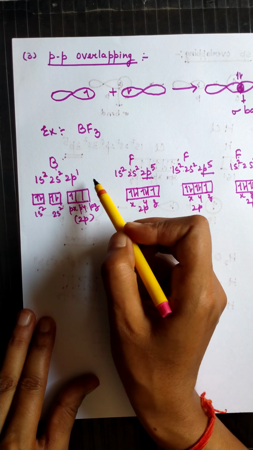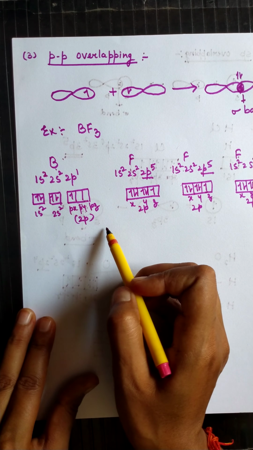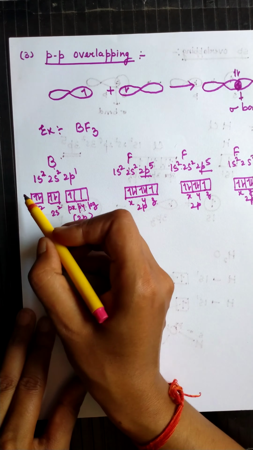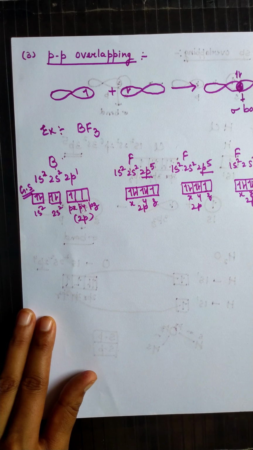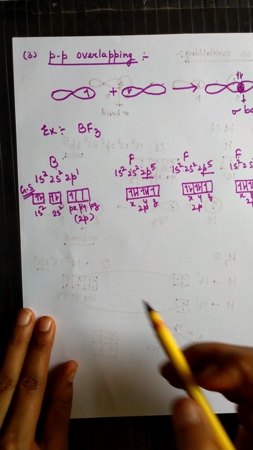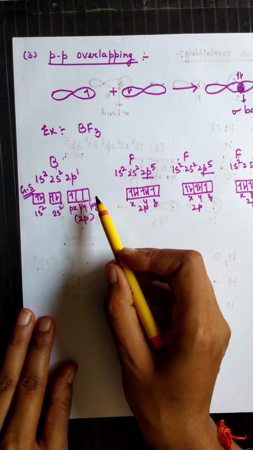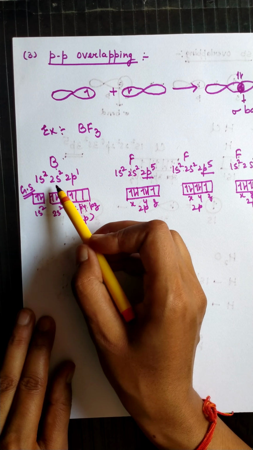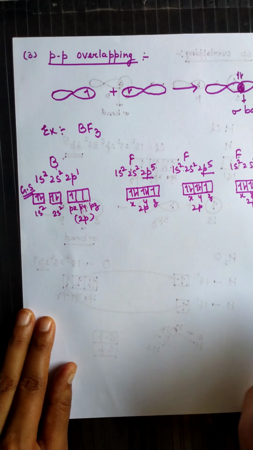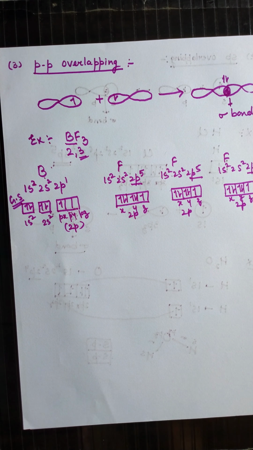Let's now discuss boron itself. This is the ground state of boron. Ground state means the actual electronic configuration, which we represent in the form of orbitals like this. Now, boron has to make 3 bonds, because its electronic configuration is 2, 3, so its valency is 3.